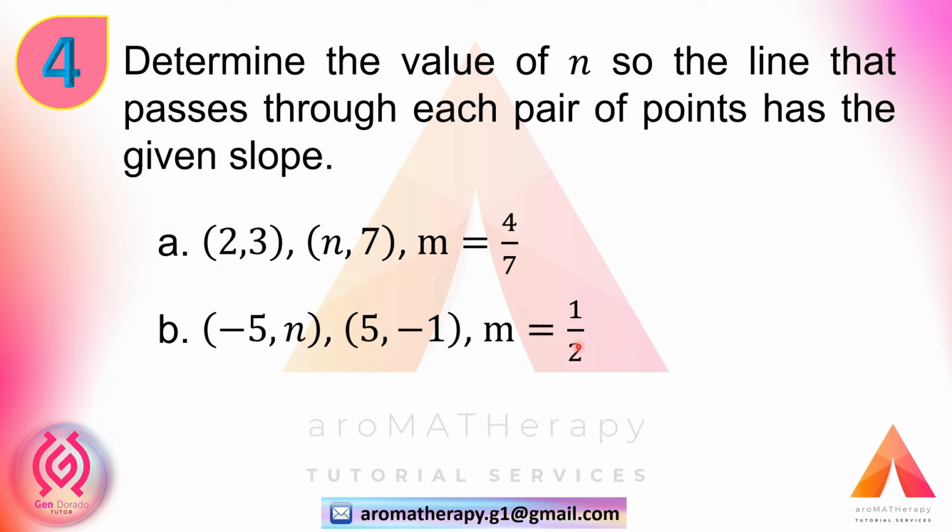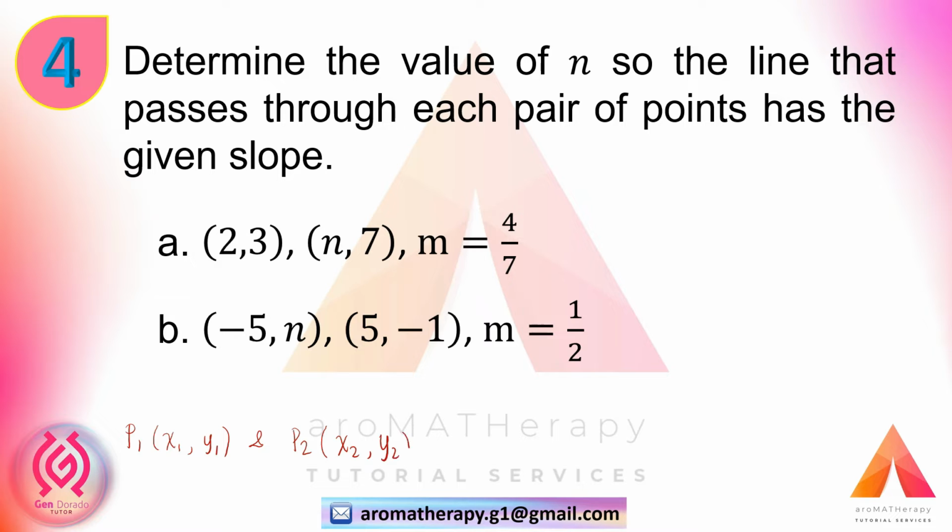Okay, let's recall the formula in solving for the slope of the line. So you have here given 2 points, P sub 1 with coordinates x sub 1, y sub 1, and P sub 2 with coordinates x sub 2, y sub 2.